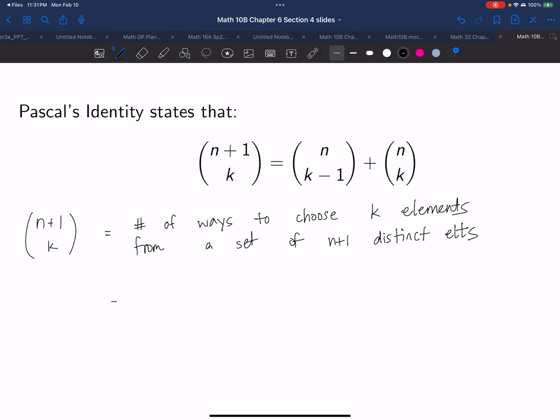Another way we could look at it, if we've been doing the whole thing with bits, would be to say the number of bit strings of length n plus 1 that have exactly k ones.